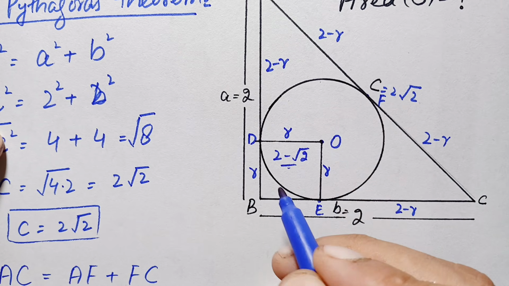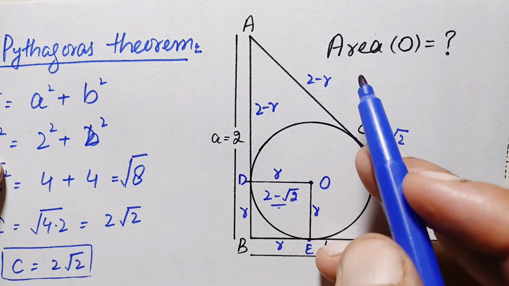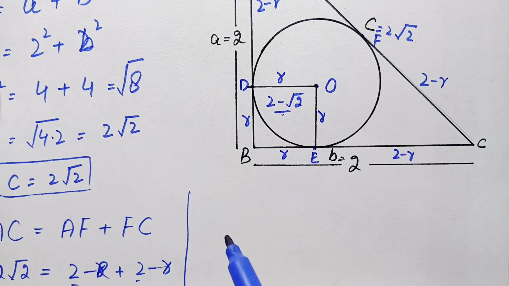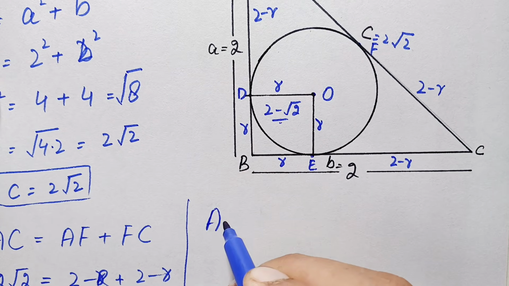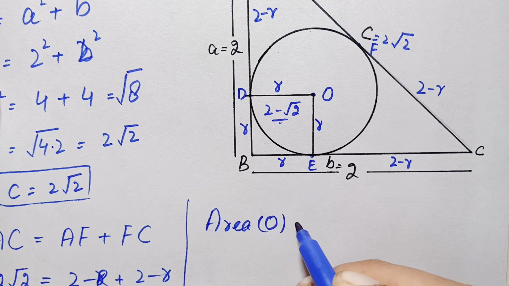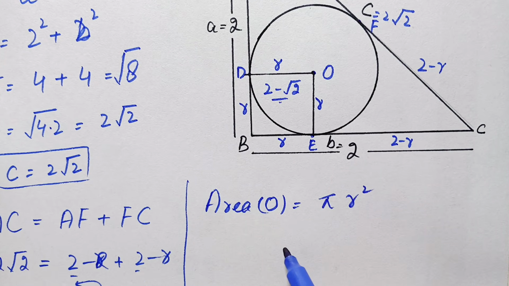But our target is not to find the radius of this circle. Our target is to find the area of this circle. So we can write the area of the circle as pi r square. So substitute the values here.